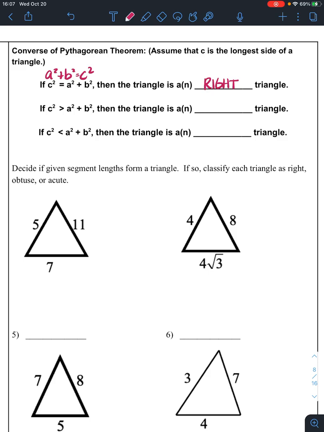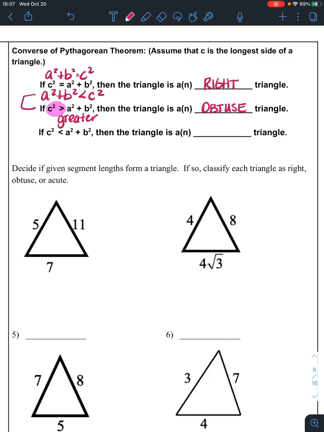Now, what if it's not equal? If it's not equal, it can be greater than or it can be less than. So here's the important part, what I want you to know. If c squared, if the hypotenuse squared is greater, then the triangle is obtuse. And I write it this way instead of saying a squared plus b squared is less than c squared, even though these two statements are exactly the same.